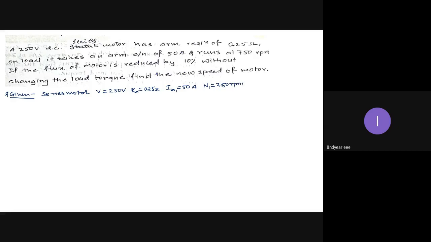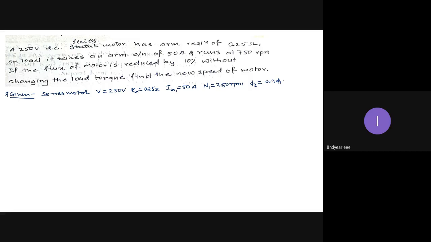If the flux of the motor is reduced by 10%, it means my phi2 is equal to 90% of phi1. Whatever the flux was in the first case is reduced by 10%, so the available flux in the second case is 90% of the first case.